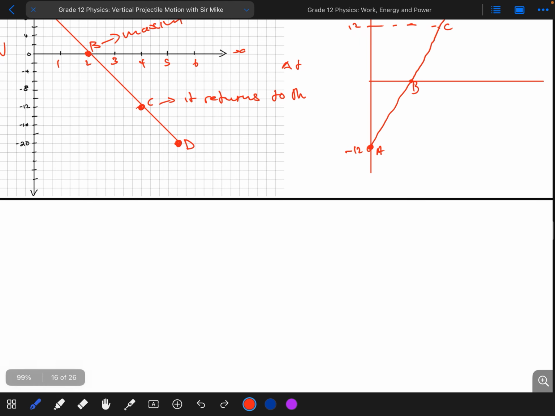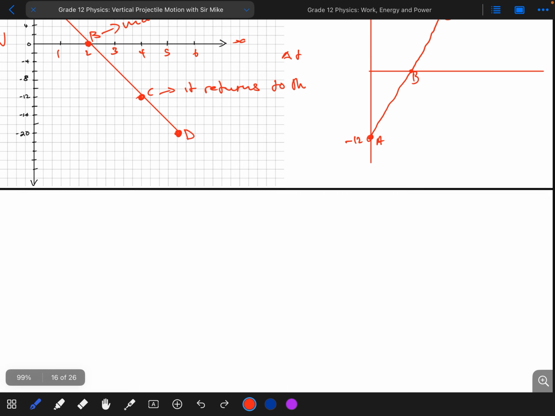It is always 9.8, but depending on the direction you took as positive, it can also be negative.